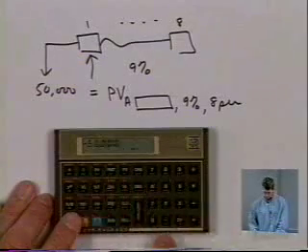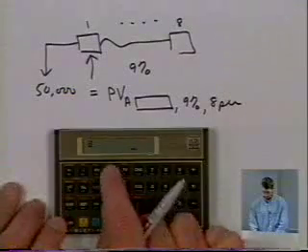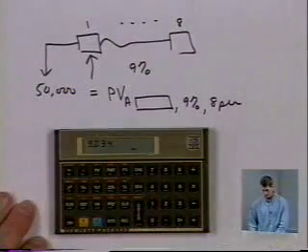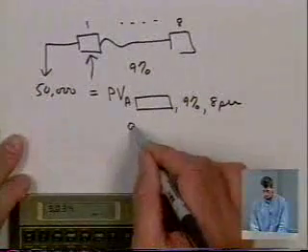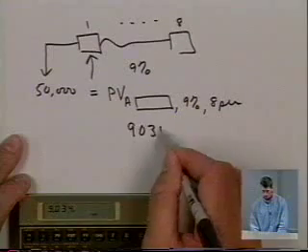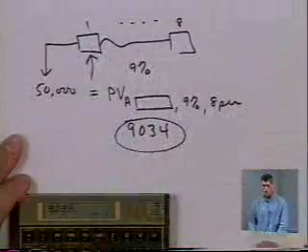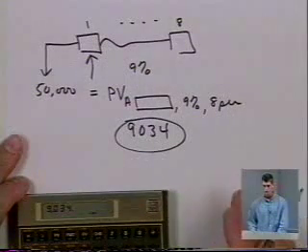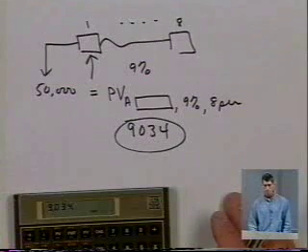That's our present value amount. 9 is the interest rate, 8 is the number of periods, and the question is what's the payment? And the payment's $9,034. So the answer to this question is $9,034 is the amount of the payment each period for 8 periods. And that would then pay off a $50,000 loan.